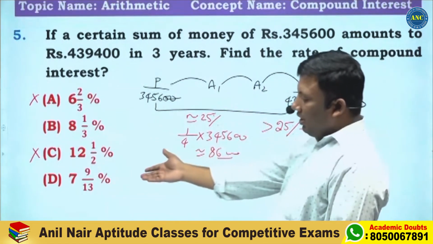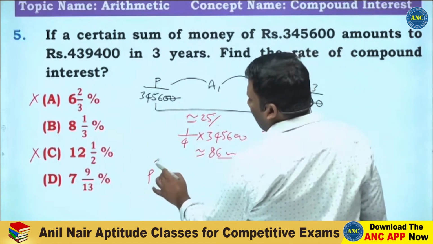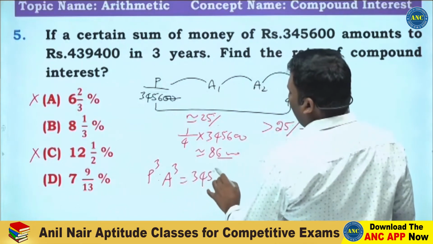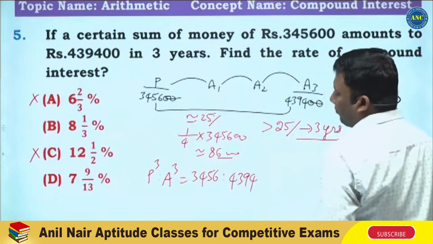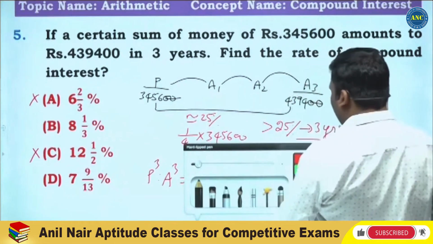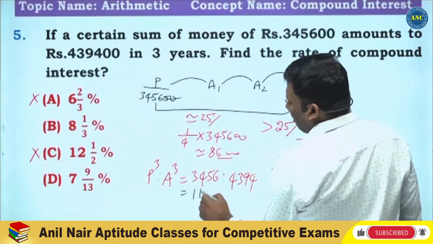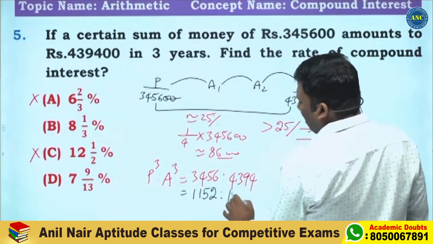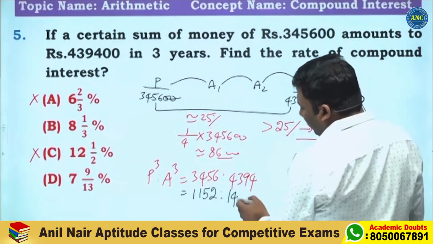We eliminated because option B and D are there. So this will become P cube is to A cube equivalent to 3456 is to 4394. Now cube. Let us do 3 ones are, 3 14s are 42, 19.